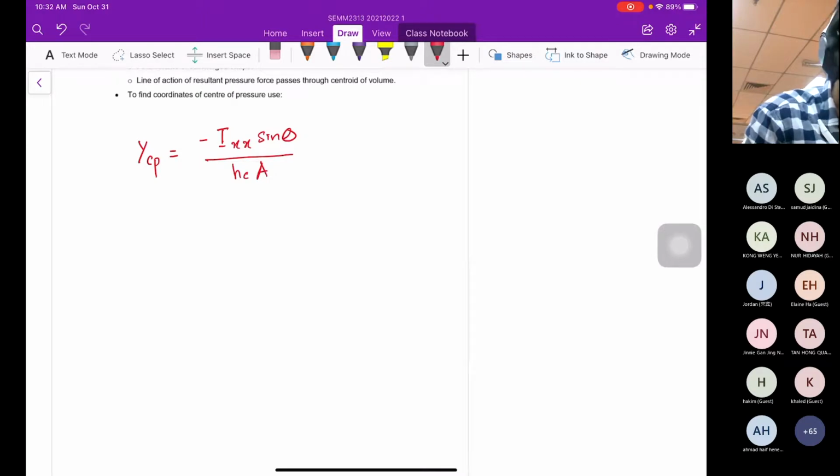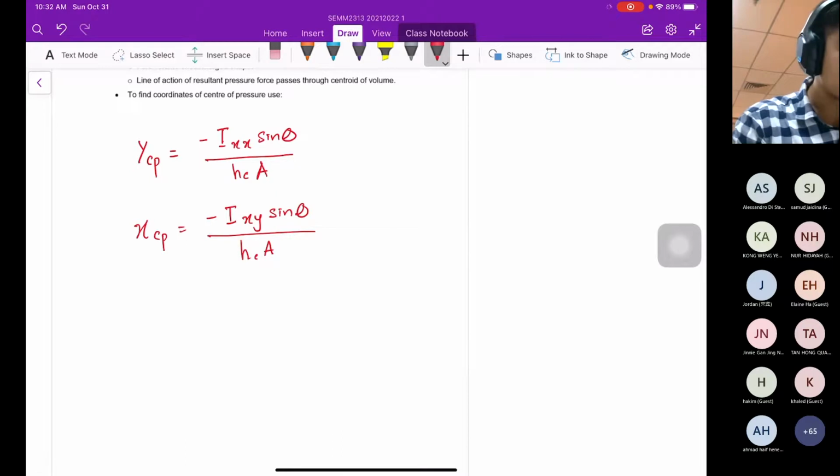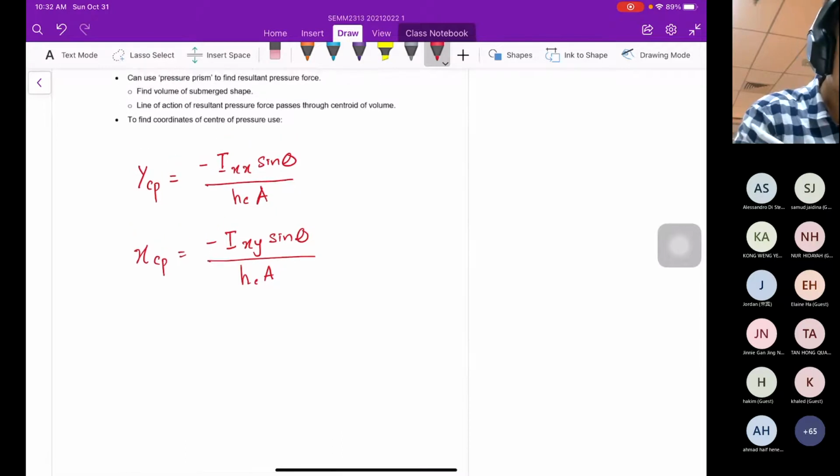However, if you want to locate in the X direction, XCP equal to negative IXY sine theta over HCA. Okay, this is the direction. Okay, for example, this is the coordinate. This is Y and this is X. Refer to this one.